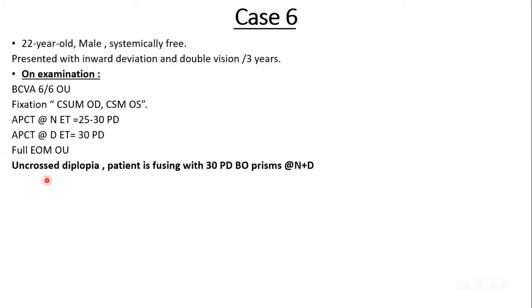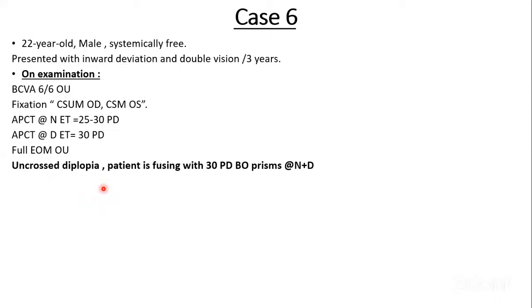What does that mean? Uncrossed diplopia is with the exotropia. Esotropia. Yes, esotropia. So if I put the red filter lens over the right eye, where is the image with the red color? Where is the image with the white color in uncrossed diplopia?